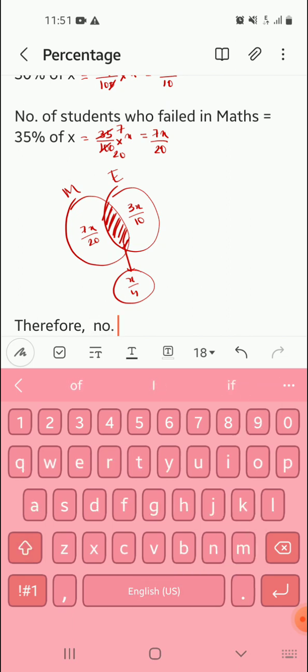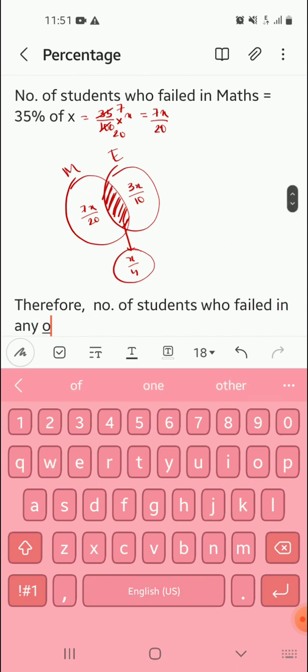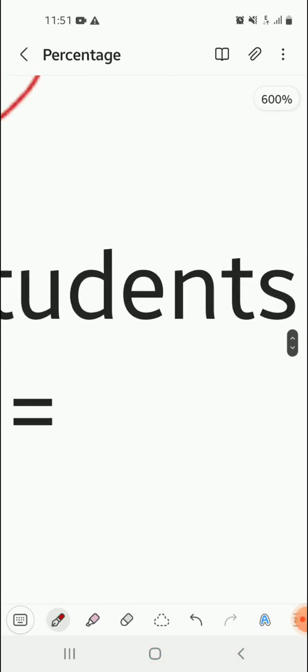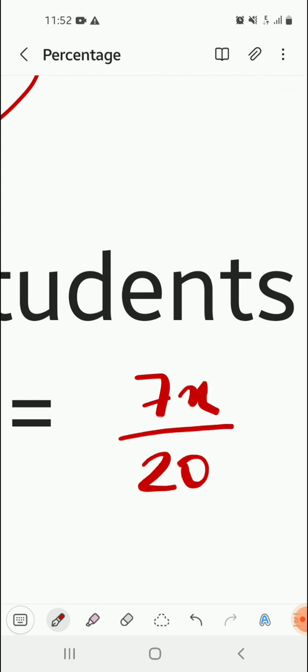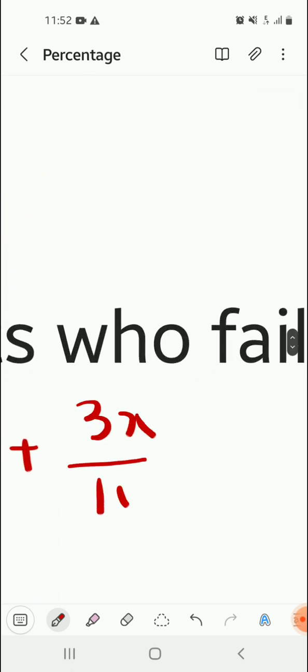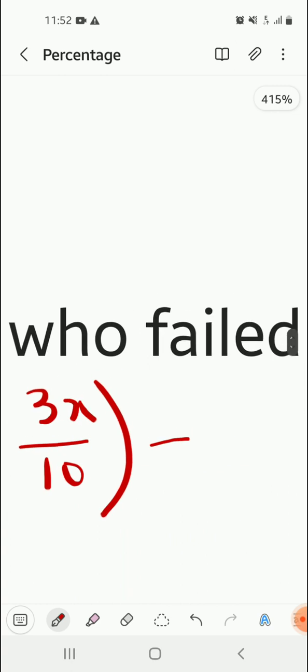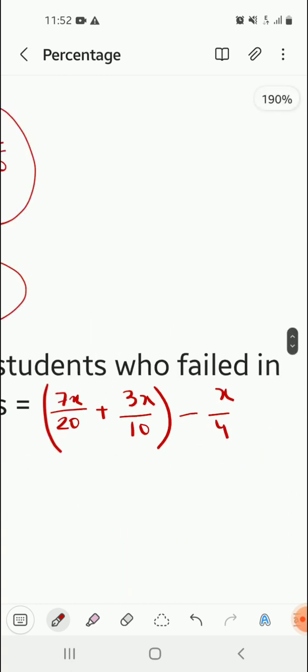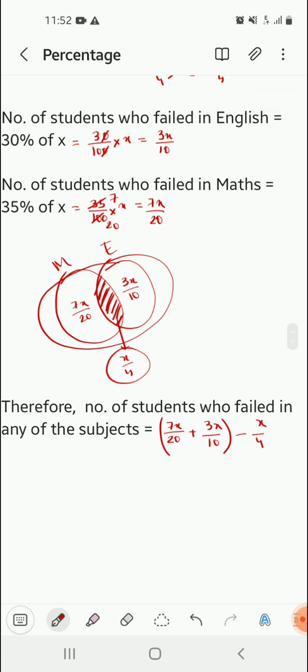First we are going to find the number of students, then from there we are going to take the percentage. So the number of students who failed in any of the subjects is equal to, we are going to add both, that is 7x by 20 plus 3x by 10, and from this we are going to deduct x by 4, that is the number of students who failed in both, the common area, as I've explained already through this diagram.